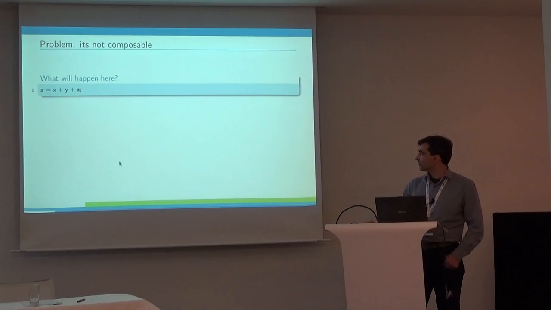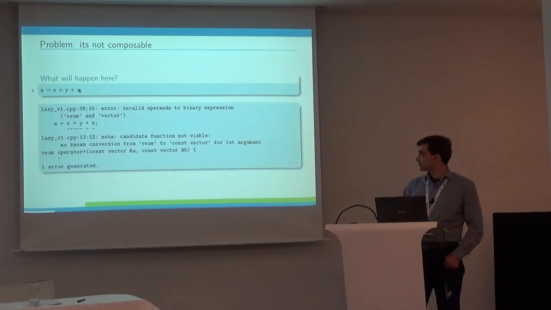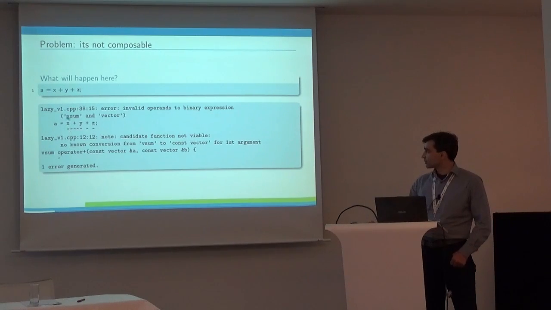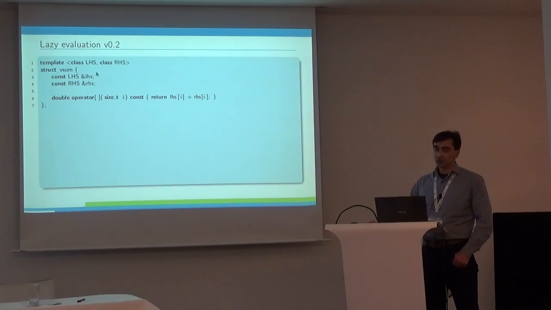So if we write a more complex expression, the compiler will not like it because the result of the first operation is vsum, and the compiler doesn't know what to do with vsum and the vector. Okay, so we have to make it more composable, and in order to do that, we now templatize the struct.